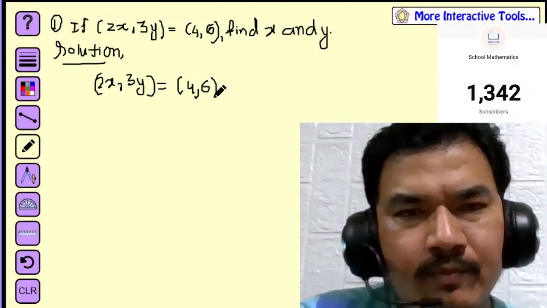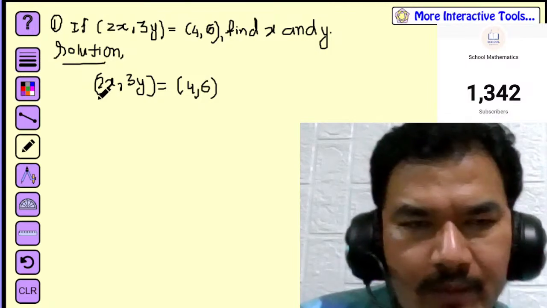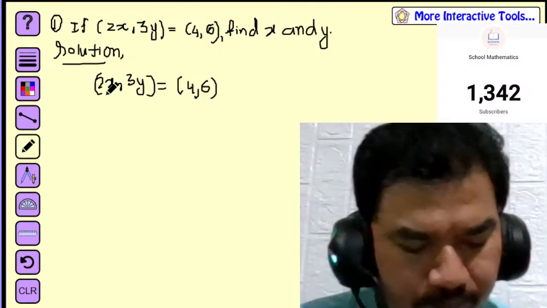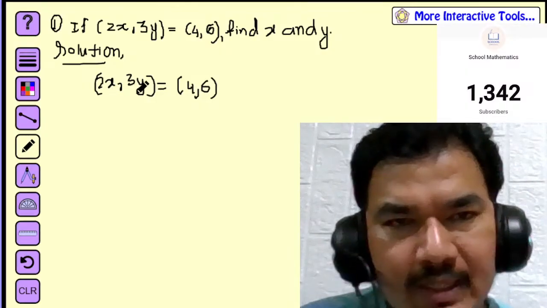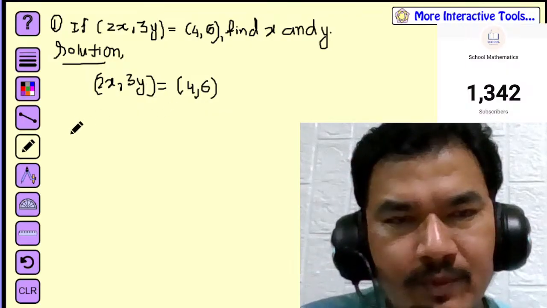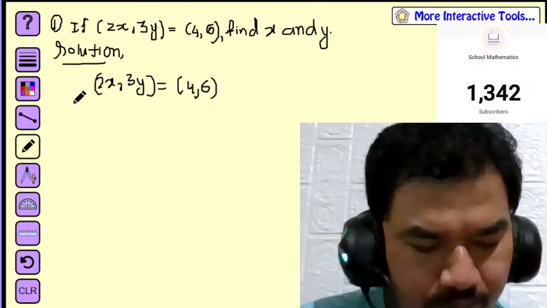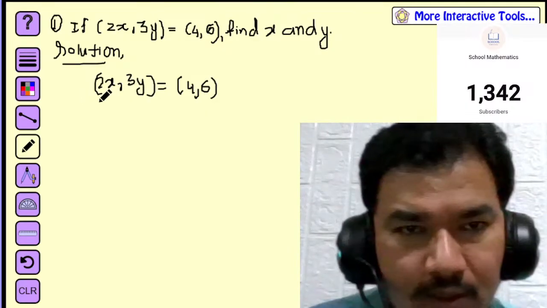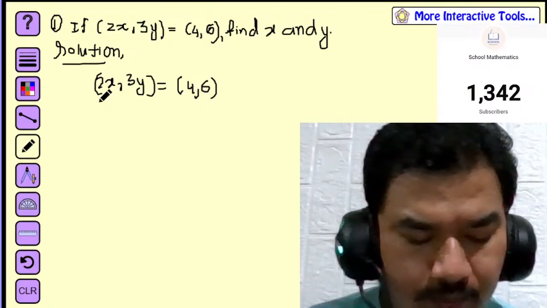As we know, when the ordered pairs are equal, then the first component will be equal to the first, and the second will be equal to the second. Then we have equating the corresponding components.